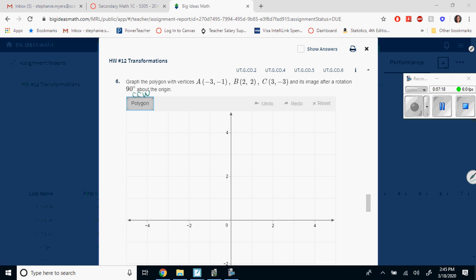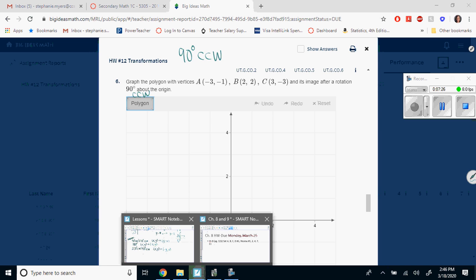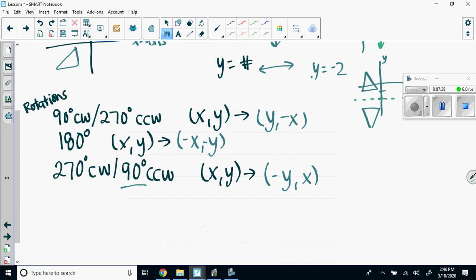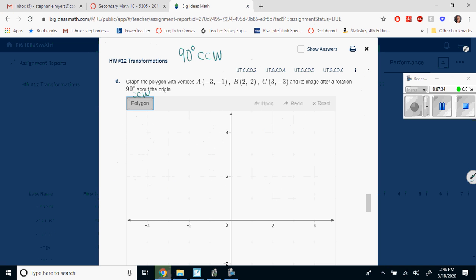So we're going to take our original ordered pairs and rotate 90 degrees counterclockwise. We can look back. What we said was 90 degrees counterclockwise, the ordered pair (x, y) becomes (-y, x).